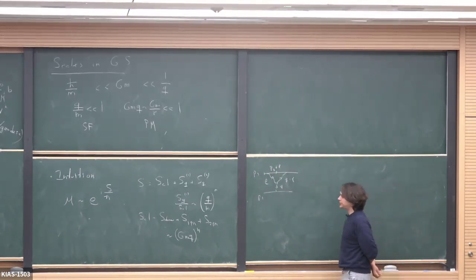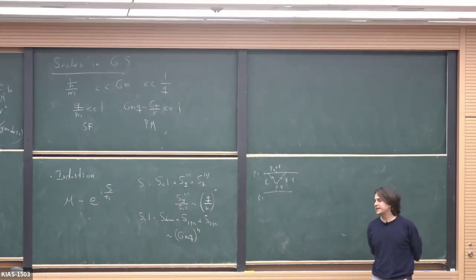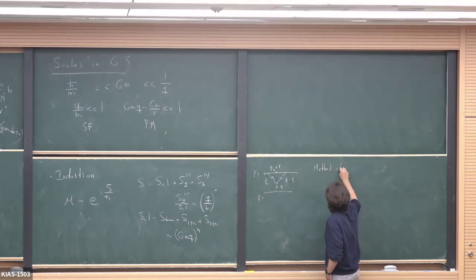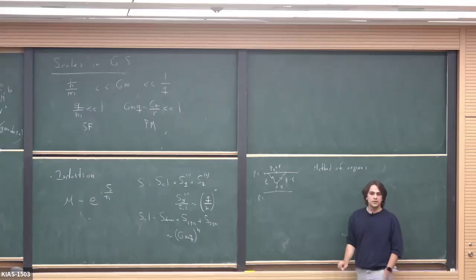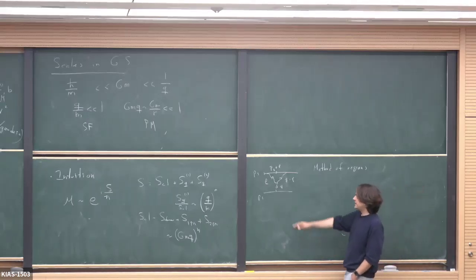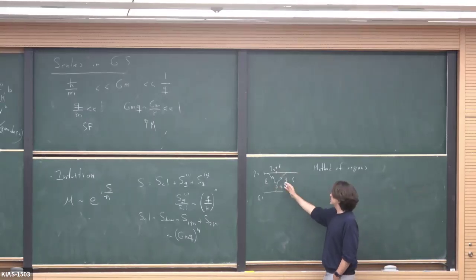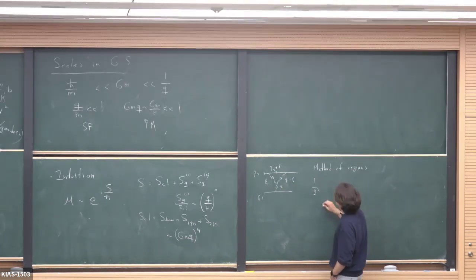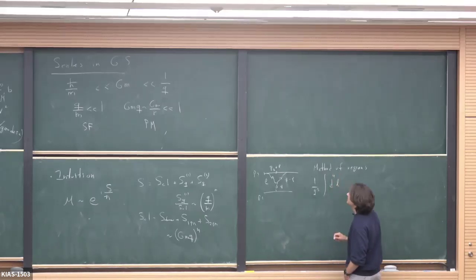Okay. And the tool that we're going to use to understand these contributions is something that is called the method of regions. Which means that if you have some Feynman integral, so let's write what this looks like. Okay, so I'm going to have a pole that goes like 1 over q, right? I'm going to have the loop momentum, so let's do this in 4 dimensions.